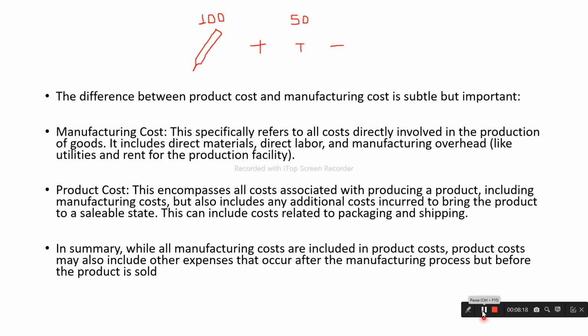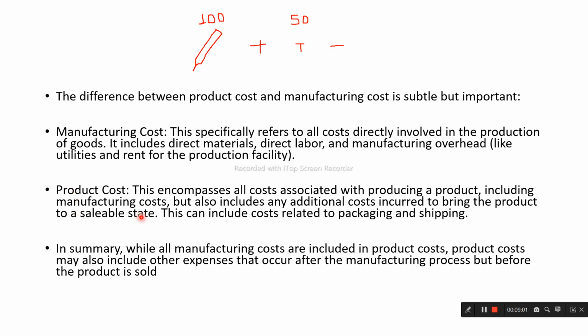So for example, you can think of it this way. Let me say I have produced this pen for $100. It is called a manufacturing cost, a cost that I have spent in order to produce this one pen. If I paid $50 to transport this pen to the person who buys from me, this means I have spent $150 in order to make this pen saleable.